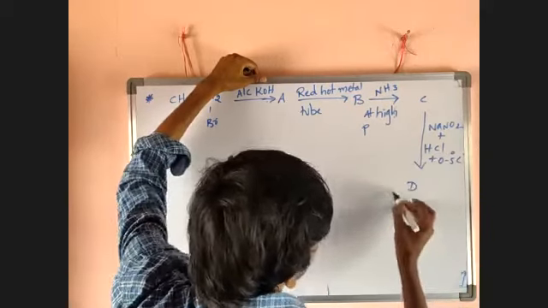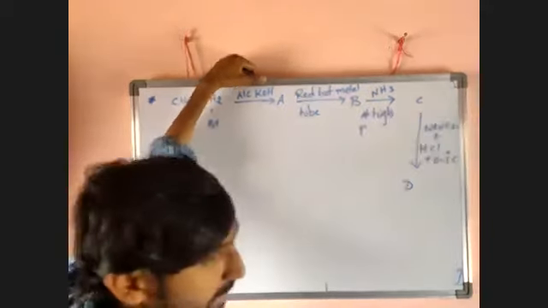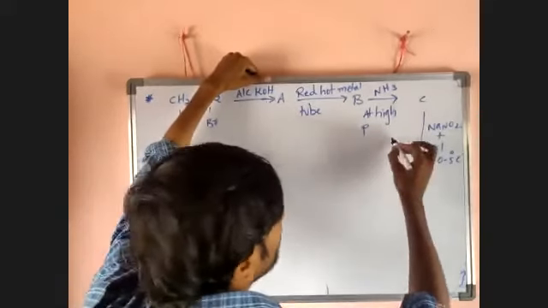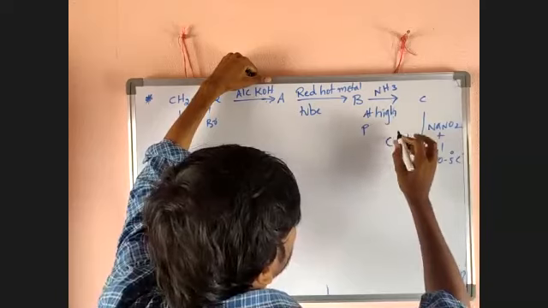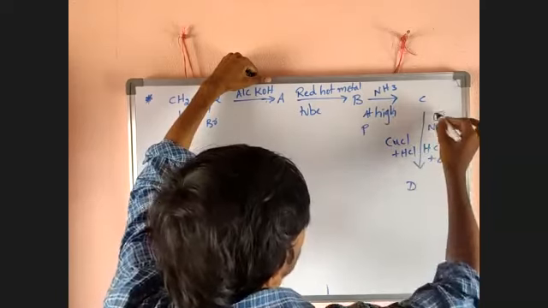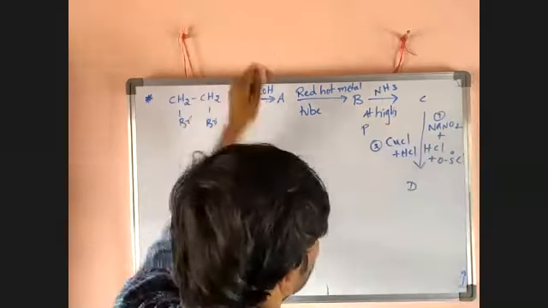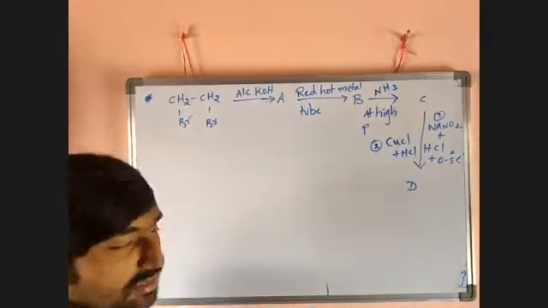You will get D. Followed by CuCl plus HCl. You will get D.